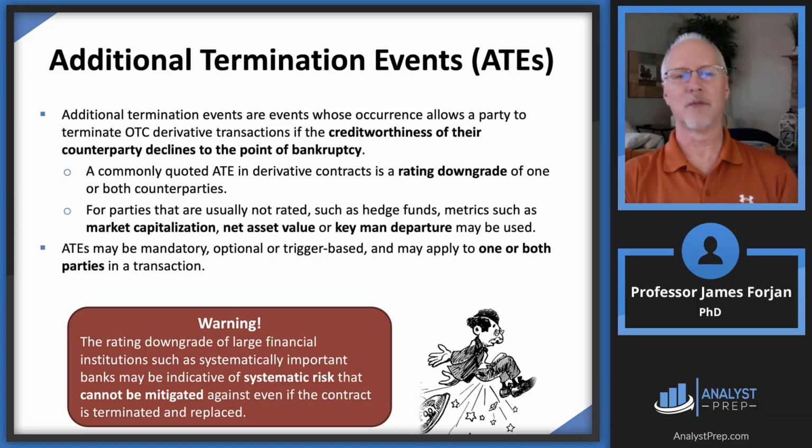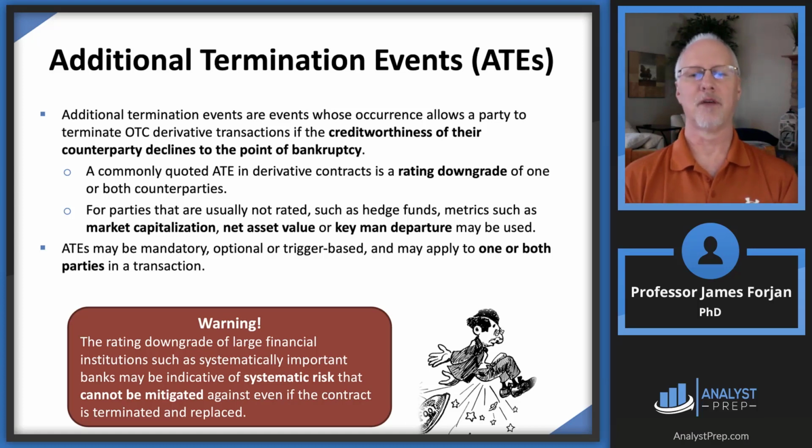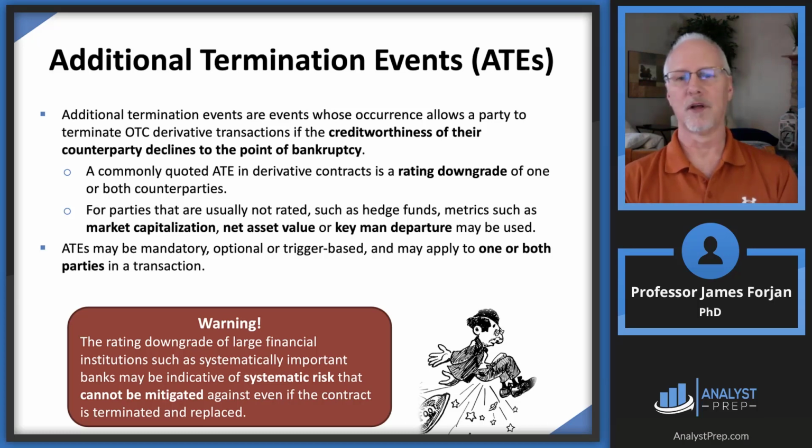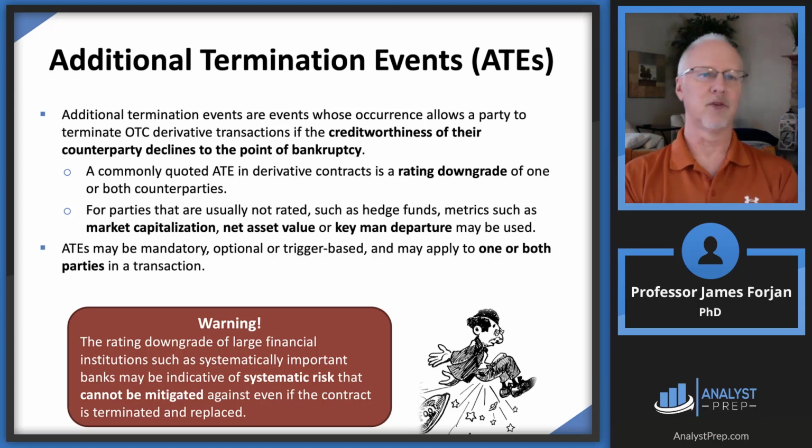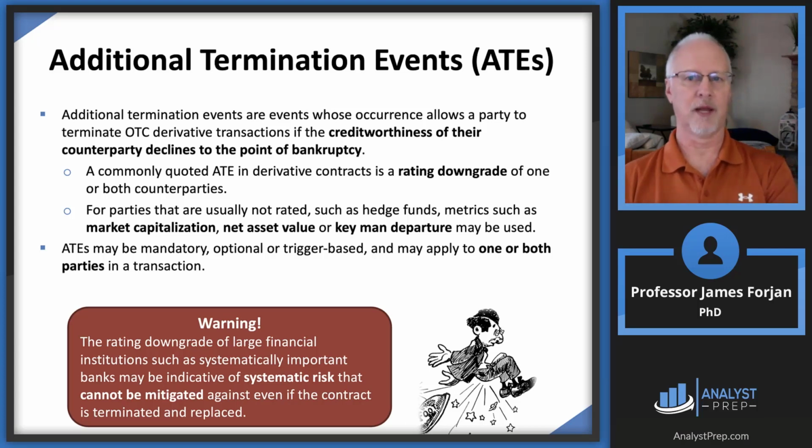And so you have to have some kind of a ratio to evaluate what that additional termination event might be. And so I have three listed there: market caps or net asset value, or if the fund manager decides to leave. And you could make anything else up in these additional termination events. Of course, you'd have to have both parties agree to sign.